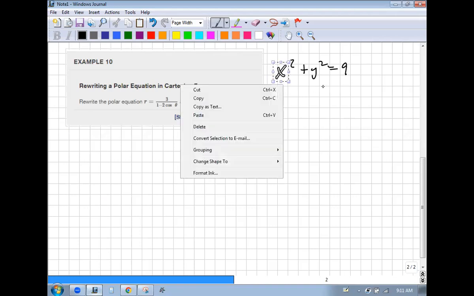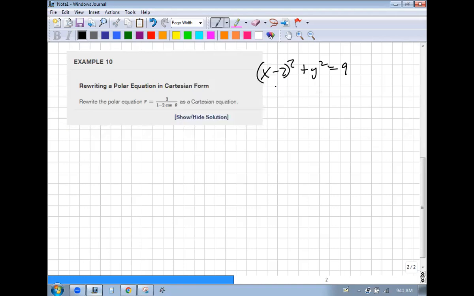Or maybe you might recognize this as a circle of radius 3 that's been moved to the right 2 units, or, with plus 3, moved to the right 2 units and up 3 units. Notice if you squared these out, though, you would have x squared minus 4x plus 4, so you might have some x terms in there.